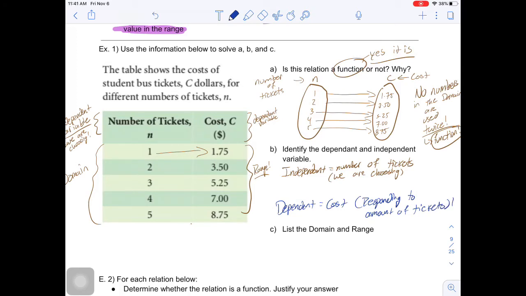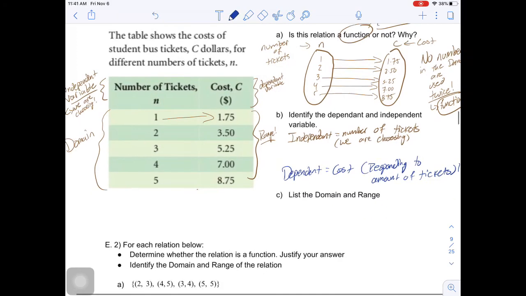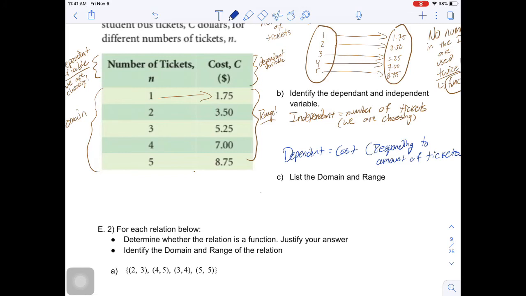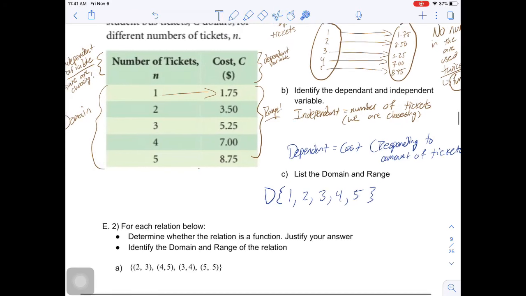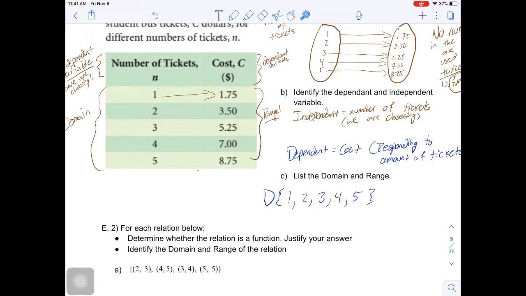Now, we need to learn how to list the domain and range. Here we're going to use a set. So my domain here, I'm going to represent D, and this is where things get a little tricky, and I'm going to put a little squiggly arrow. Okay, and now I'm going to list each element that's found in my domain. So here it would be 1, 2, 3, 4, 5. And this would be my domain. I have listed each individual element found in my domain set.